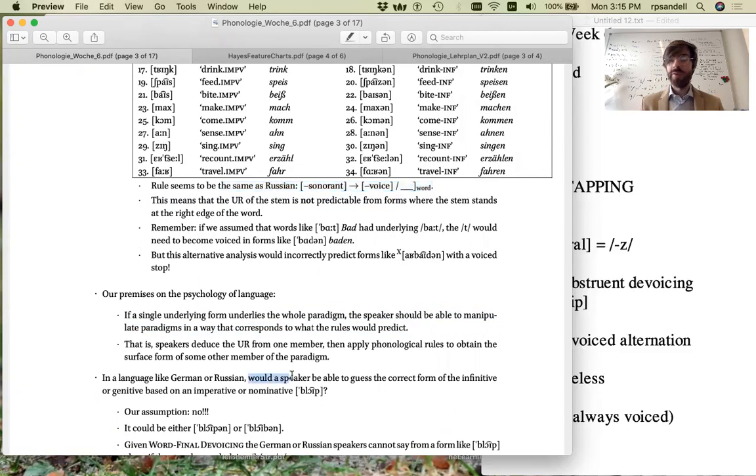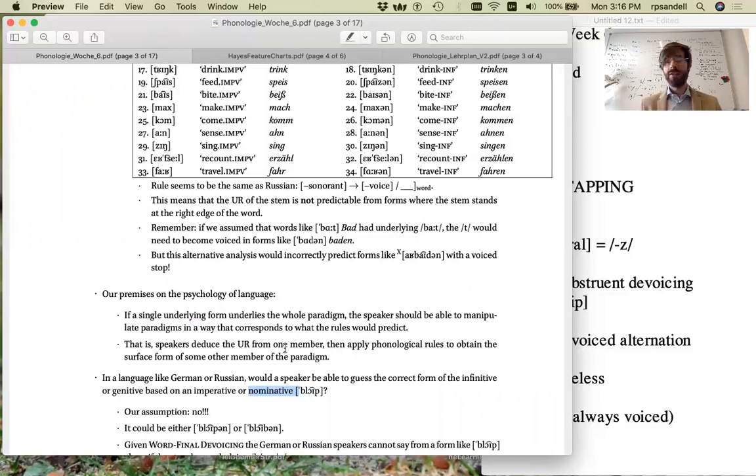So would a speaker, for instance, be able to guess the correct form of an infinitive in German or a genitive in Russian, if they were given an imperative form in German or a nominative form in Russian, bleibt, let's say?